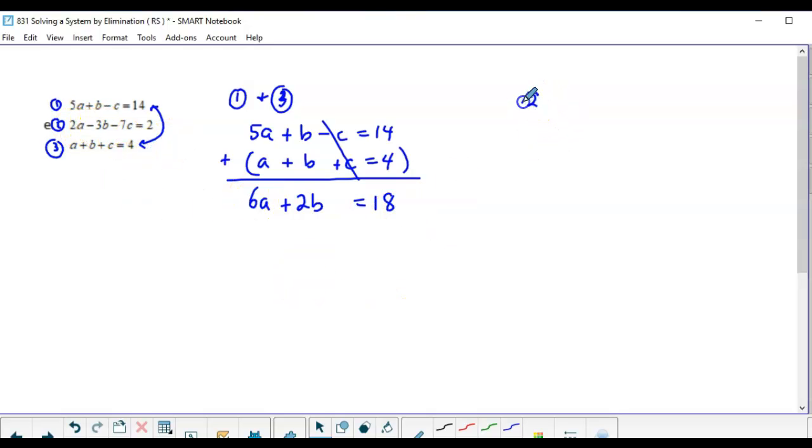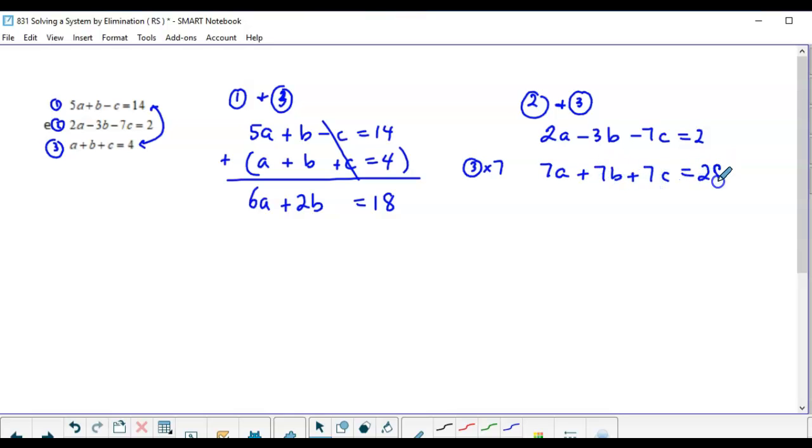So now for 2 and 3, I'm going to copy out 2 because it has all the coefficients, non-ones, and I'm going to take equation 3 and multiply it by 7. Okay, so that's going to be 7a plus 7b plus 7c equals 28.